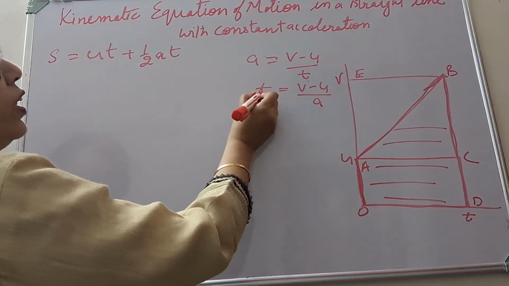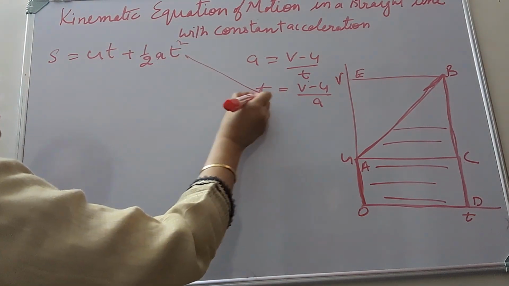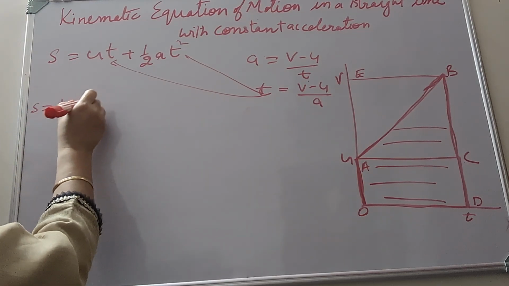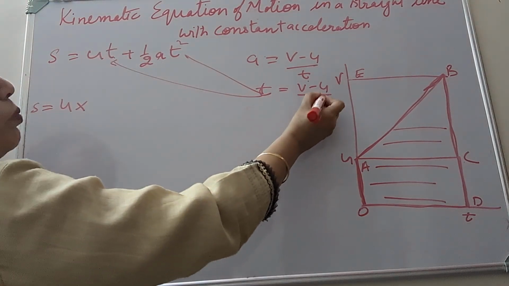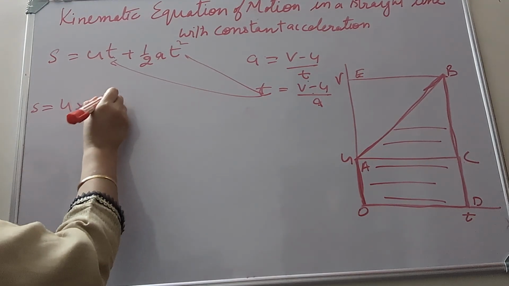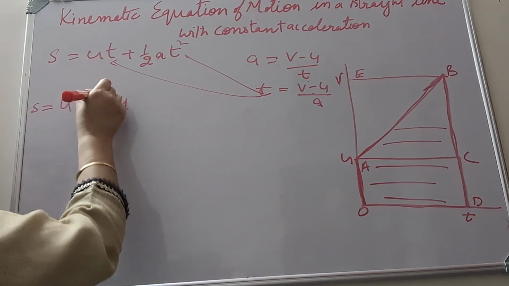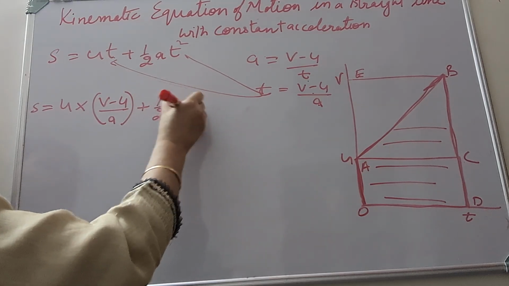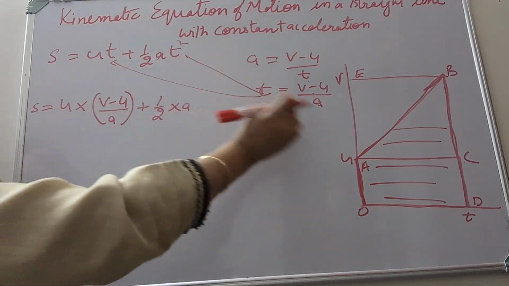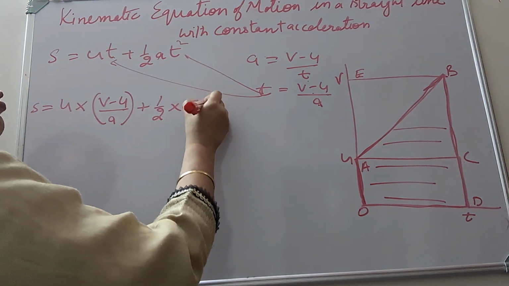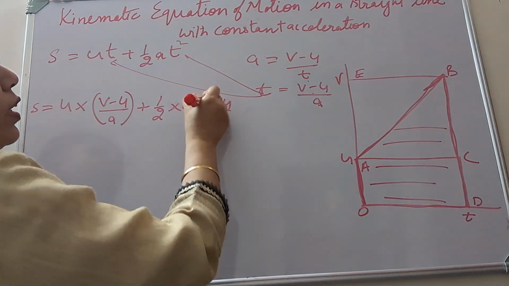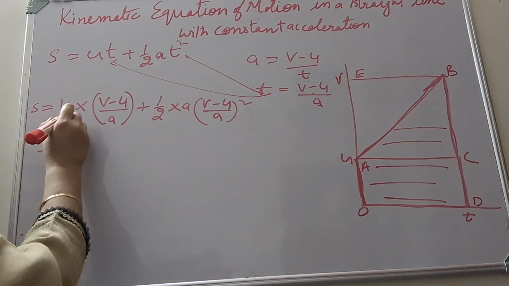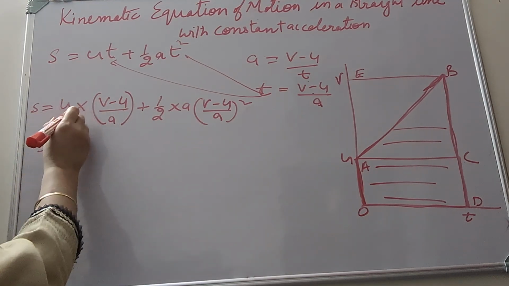Put the value of t here and here. s is equal to u into v minus u upon a, plus half a into v minus u upon a in square. I am taking simple steps so that you don't get confused.